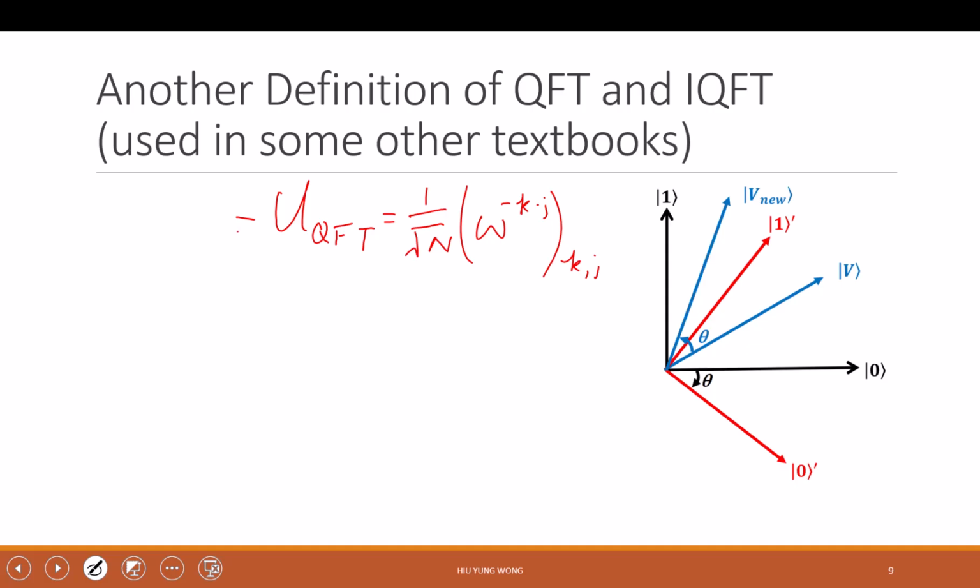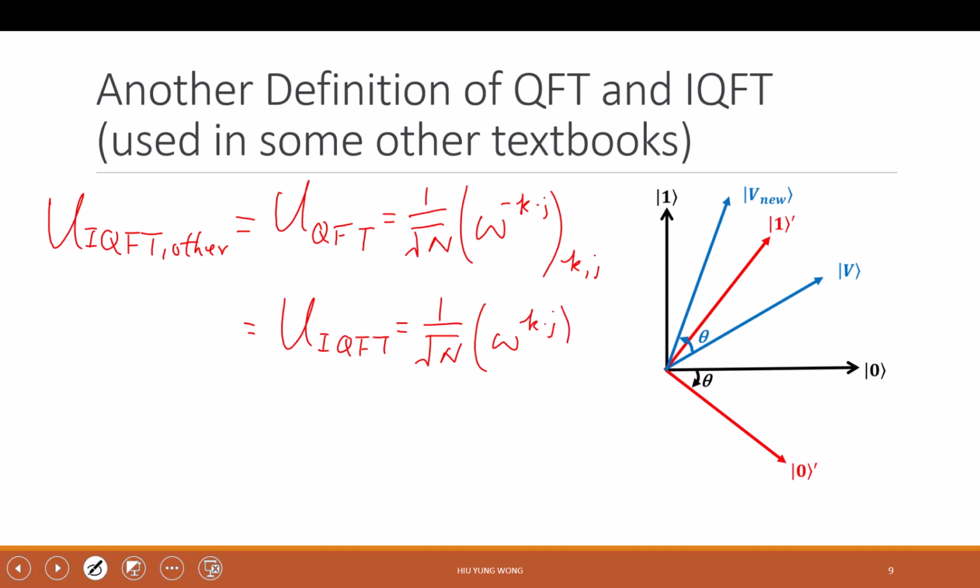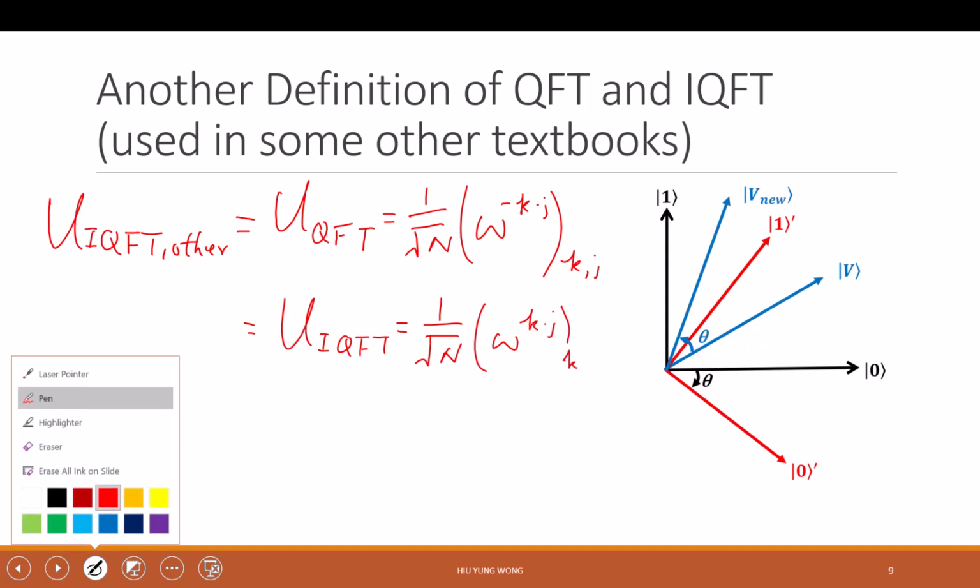But in other textbooks, they call this the inverse quantum Fourier transform. I just want you to know that. I just want to remind you. For our inverse quantum Fourier transform, this equals 1 over square root n, omega to the power kj, instead of negative, for the kth row and jth column.